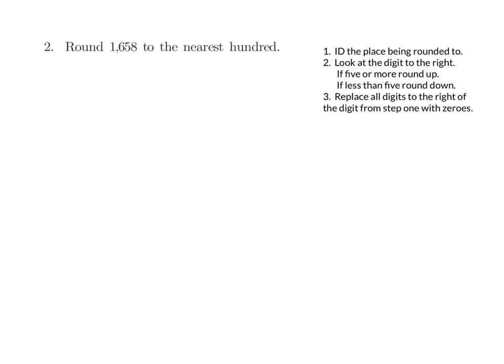Okay, let's talk about rounding. First thing we want to do is identify the place being rounded to. So where is the hundredths column? My 6 is in the hundredths column. I'm going to look at the digit to the right, which is the 5. If it is 5 or more, we round up.